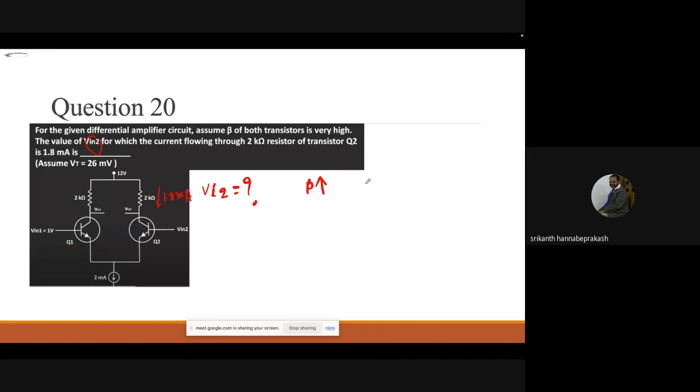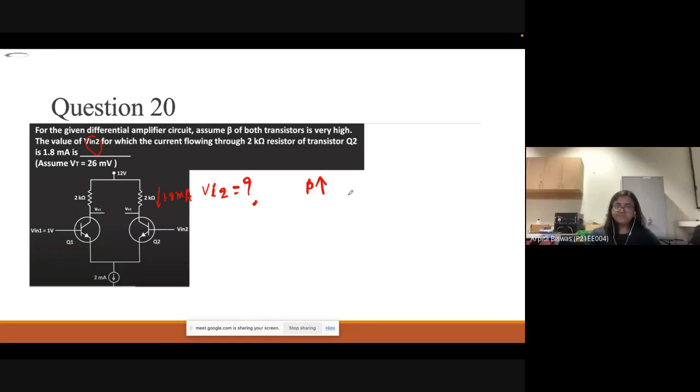If beta value is very high, then alpha value must be 1. If alpha is 1, then tell me what is the value of IC here? Alpha equals IC by IE, right?